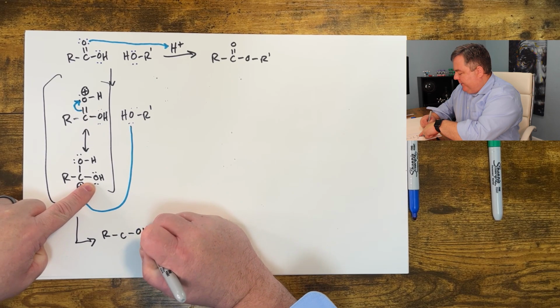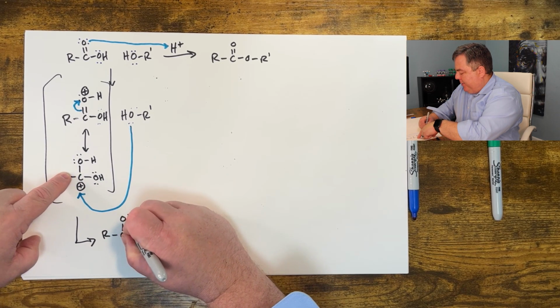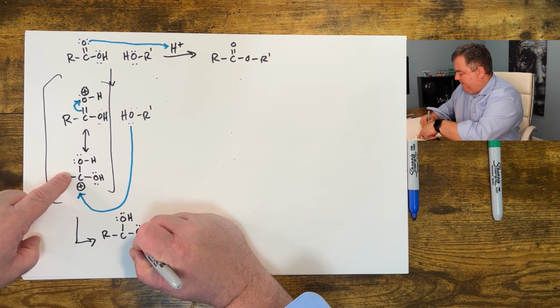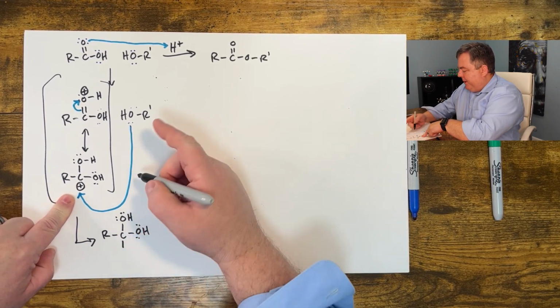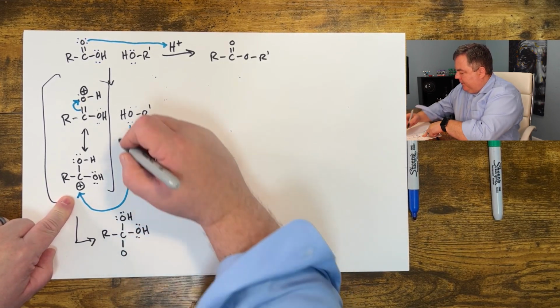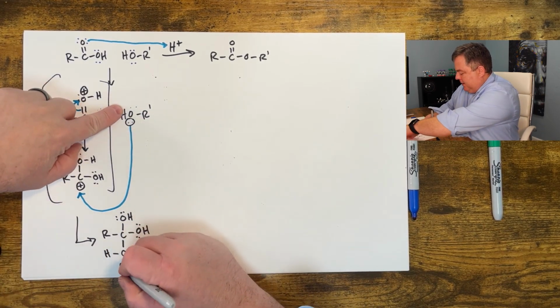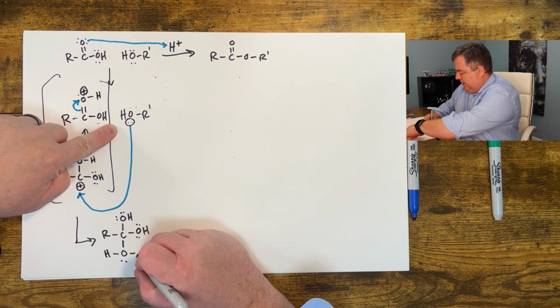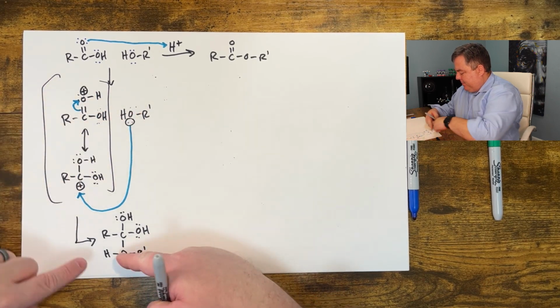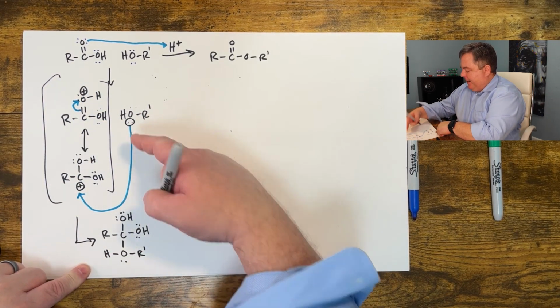There's an OH on this side. There's an OH up here. And now on this carbon I have an O. So one of these lone pairs is there. There's a hydrogen, 1 lone pair of electrons, and R prime from the attacking group, the attacking alcohol.